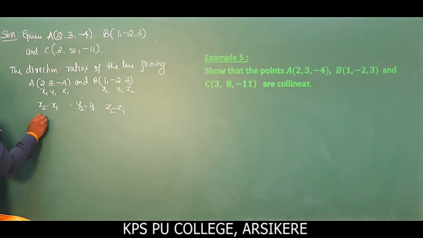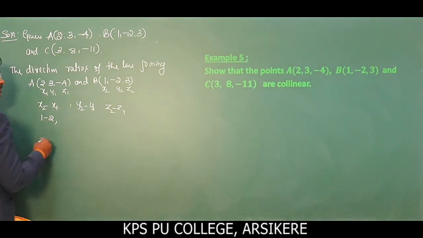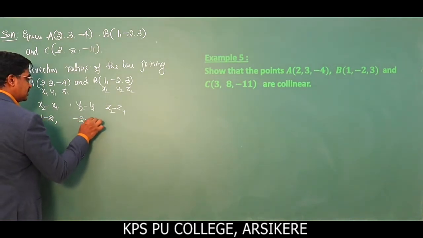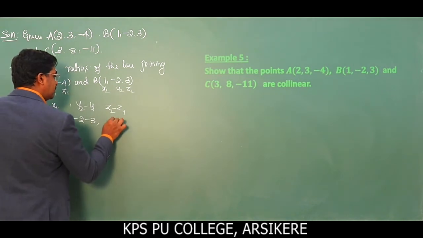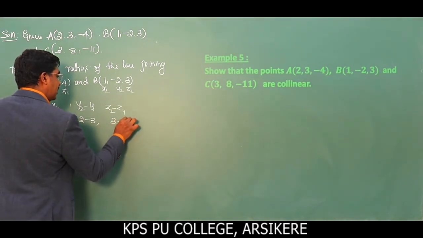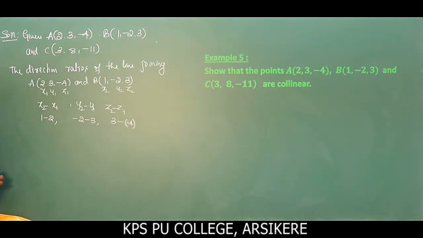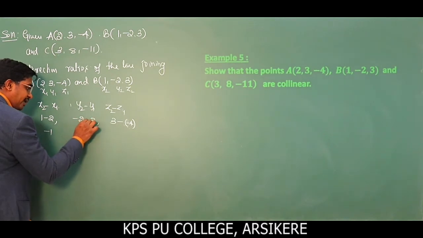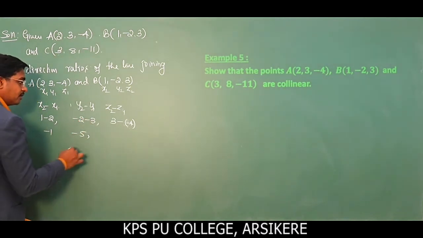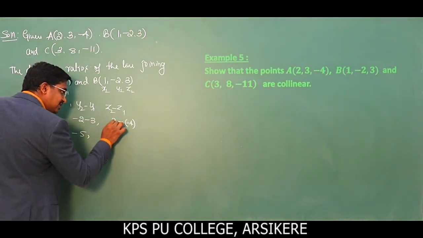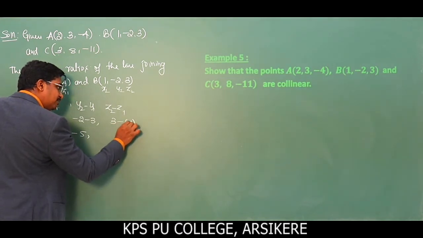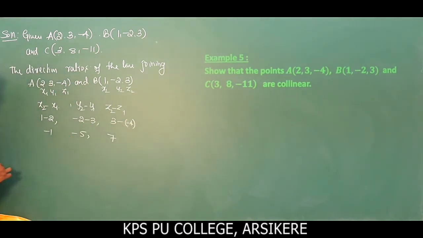Just substitute the values here. 1 minus 2, minus 2 minus 3, and 3 minus of minus 4, this becomes plus. So 1 minus 2 becomes minus 1, minus 2 minus 3 is minus 5, and 3 plus 4 is 7.